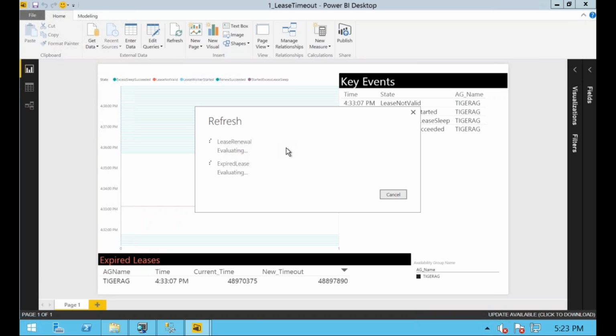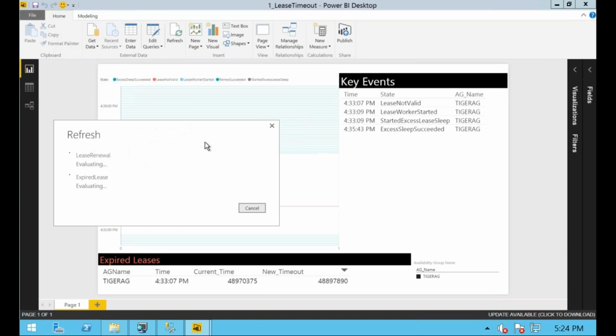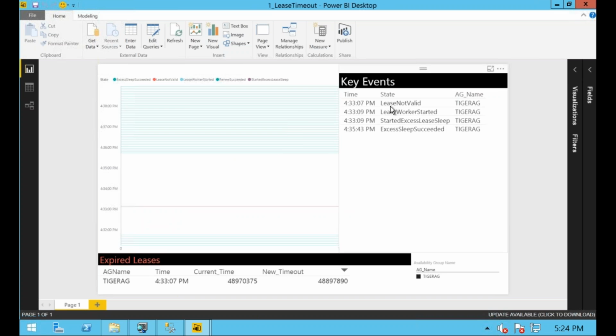So before we started this session, I had initiated a lease timeout. What I was going to show you is if that new lease expired, you would see the availability group name, you would see the time at which the lease expired. You'd see the current time and the new timeout. If the current time is greater than the new timeout, then there's a lease expired, and you would also see the key events which we were capturing.